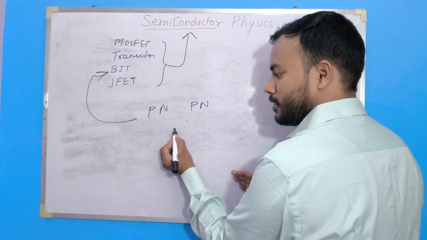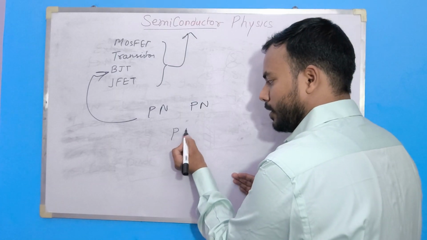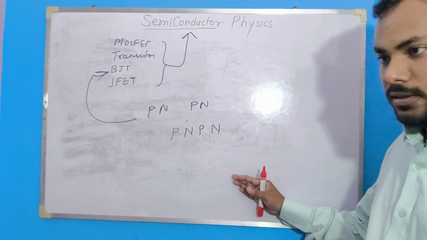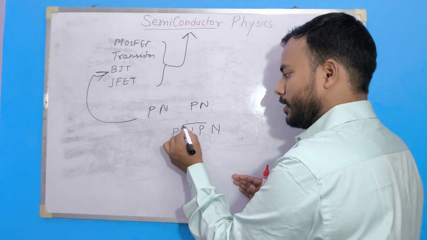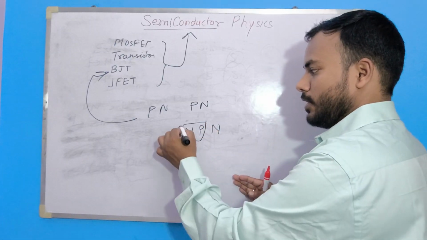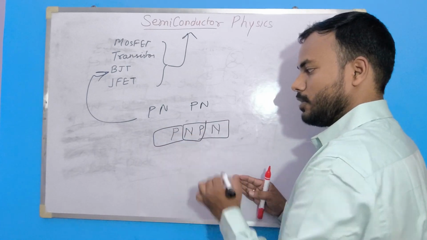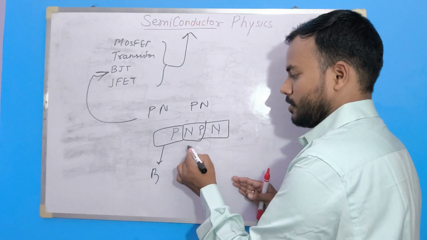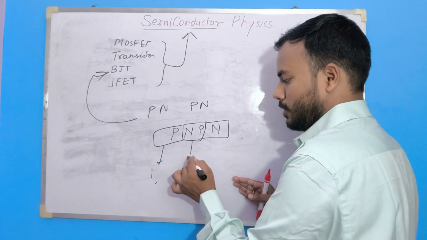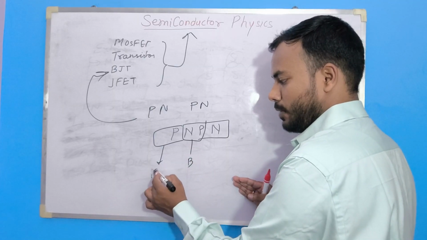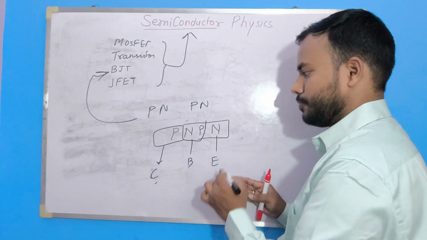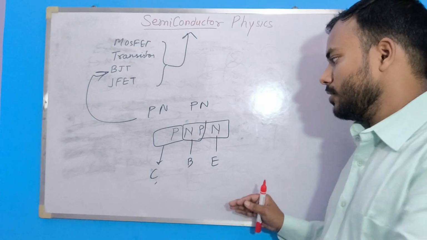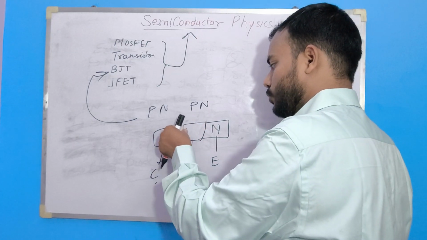If we connect the structure P, N and P, N, this P and P N can combine together and form one point. So this can be the base, this is our base, one side will be collector and one side will be emitter. Base, collector, emitter. And this is fused.